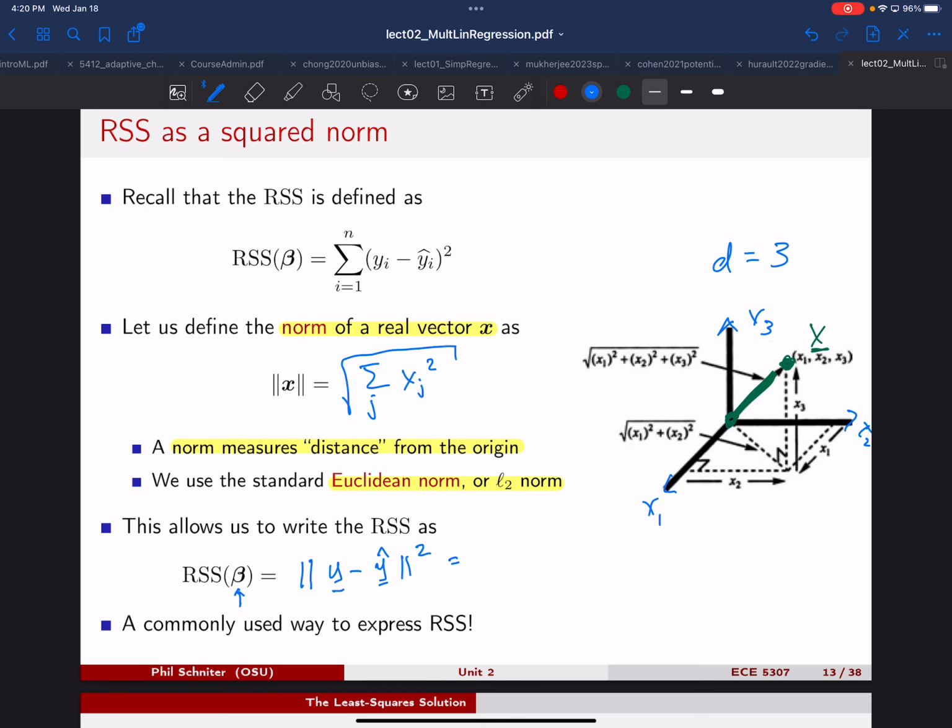How do I expand y hat? A times beta. Okay, so here we have an expression that explicitly involves beta, the unknowns, and the things we know from our training data, which are y and A. So this is setting us up to solve the problem. Any questions on this formulation?